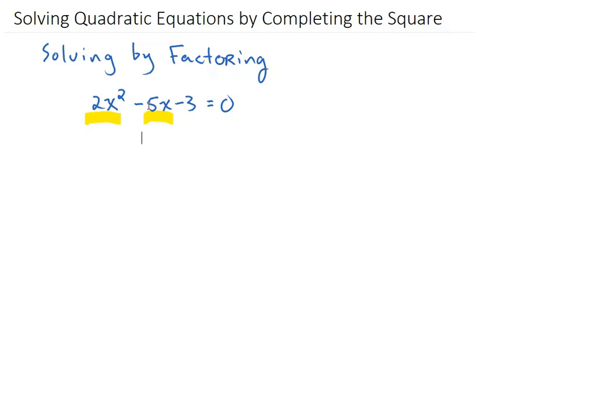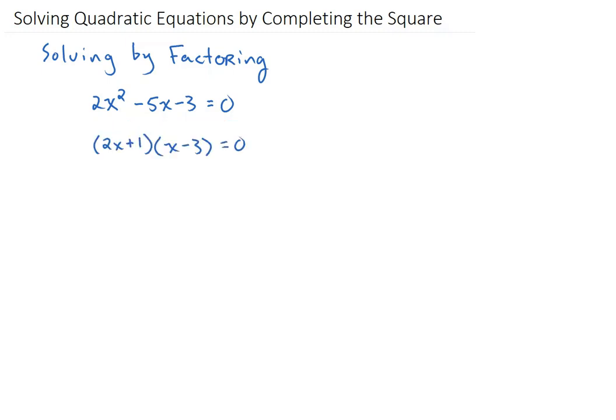So we resorted to our factoring techniques and using the zero factor property. Since this equation equals 0, then I can factor what's on the left side there and then set each of those factors equal to 0 and solve the resulting equation.